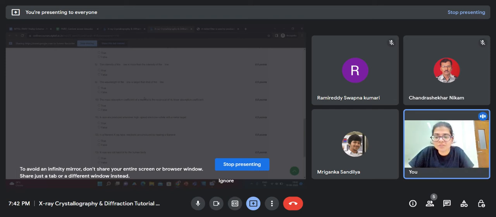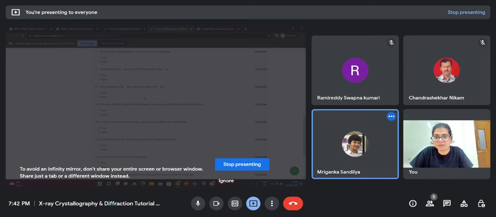So is this statement correct? The intensity of the copper K alpha line is more than the intensity of the copper K beta line. I think it is false, but I am not sure.